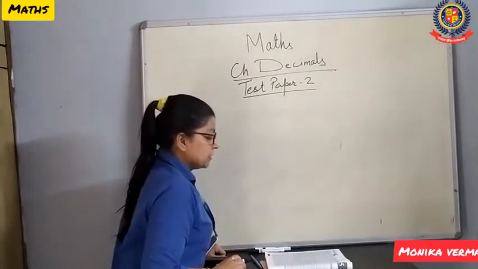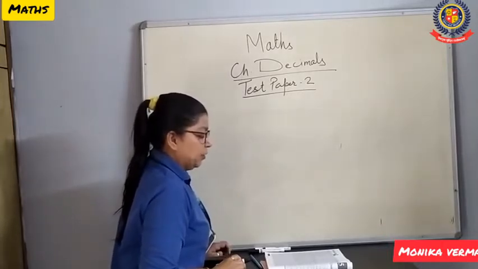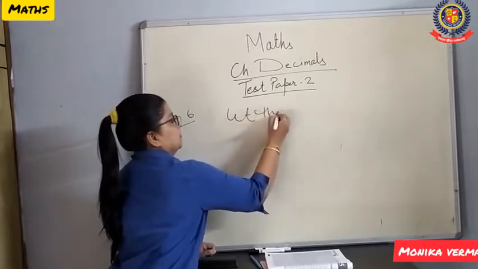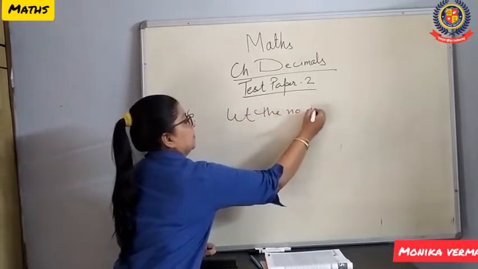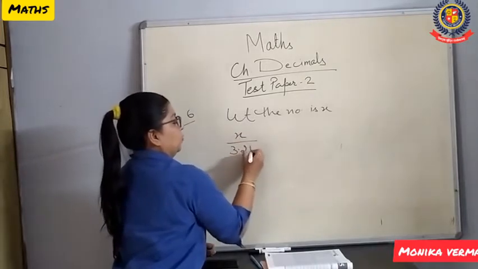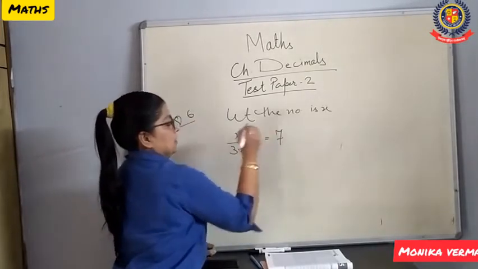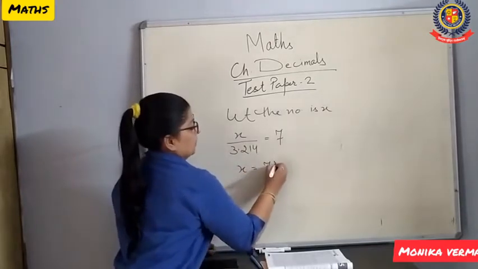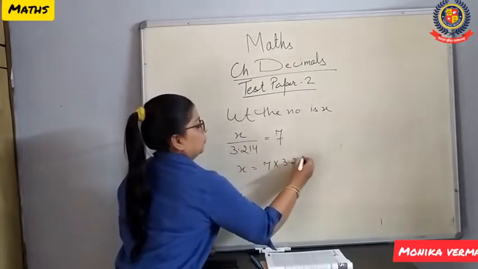Now question number 6. What should be divided by 3.214 to get 7? So let the number be x. Means x divided by 3.214 is equal to 7. This is what they are asking. It means x is equal to 7 multiplied by 3.214.